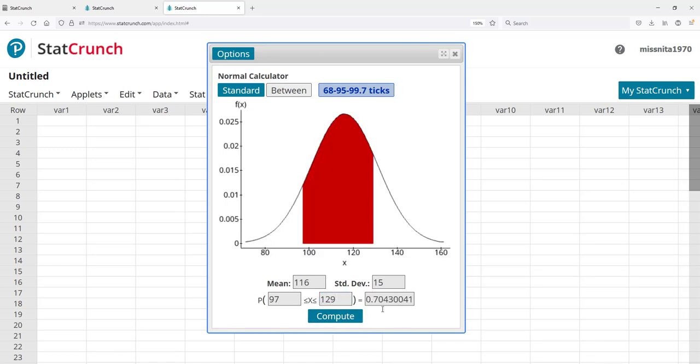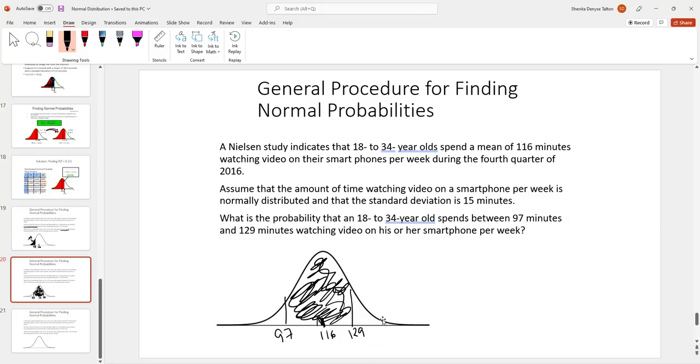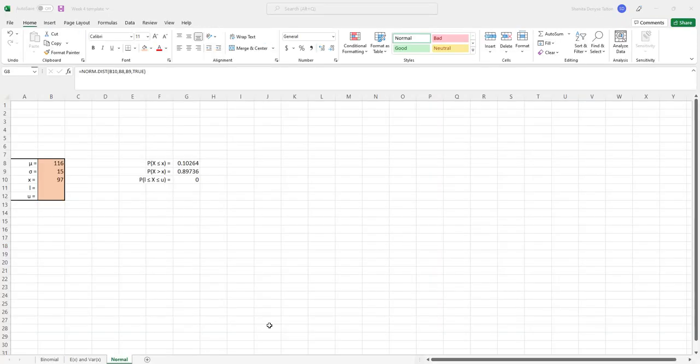I get 0.704. So the probability that they spend between 97 and 129 minutes watching video is 0.704. Let's go ahead and do it in my template.